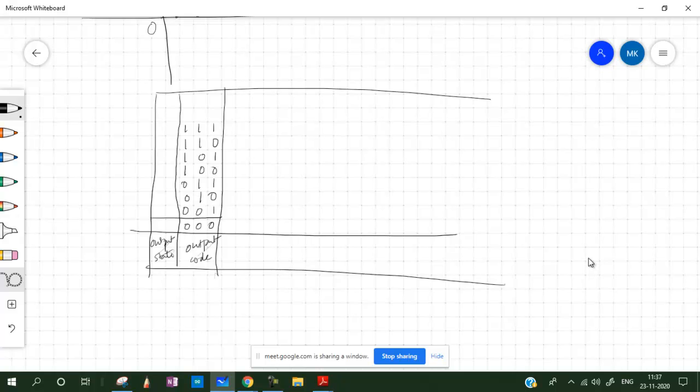So we have 1, 2, 3, 4, 5, 6, 7, 8 states. Corresponding to a 3-bit quantizer, we have 8 states, and we can refer to them by the decimal values 0, 1, 2, 3, 4, 5, 6, and 7.